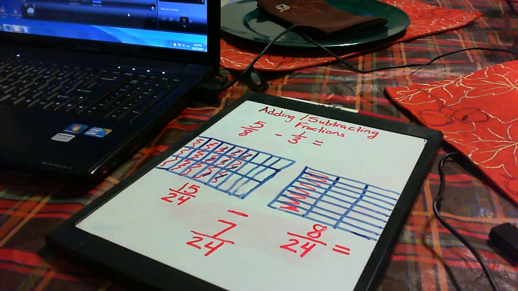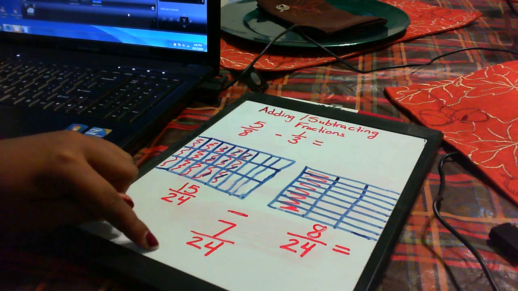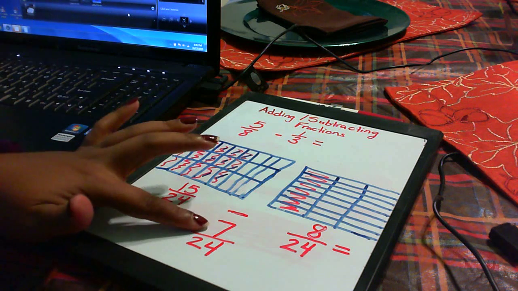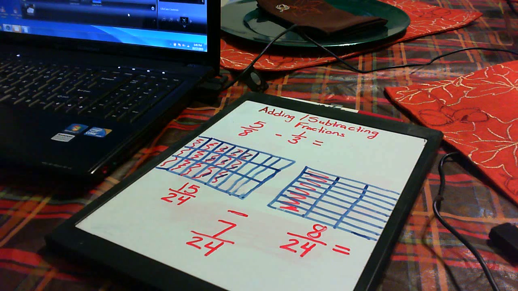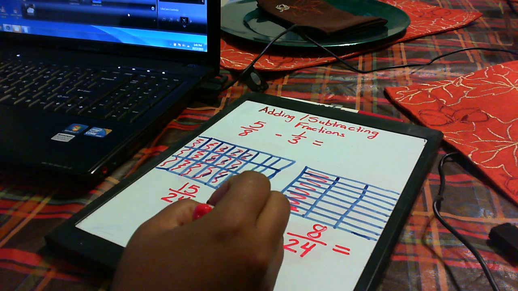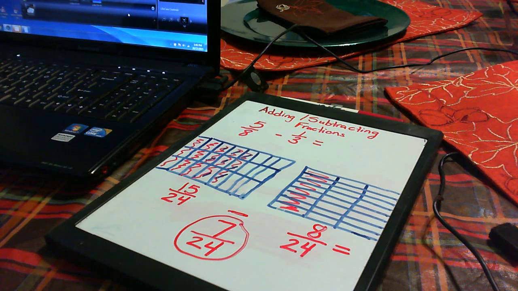Nope. And finally, our last one that we need to check. What about 7? Nope. 7 is divisible by 7, but 24 is not divisible by 7. So our final answer for this problem would be 7 over 24, or 7/24 would be how you say it.